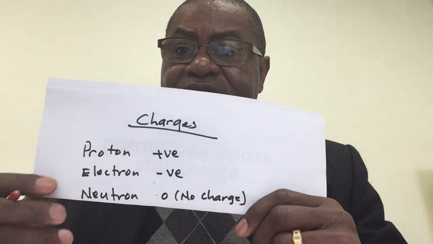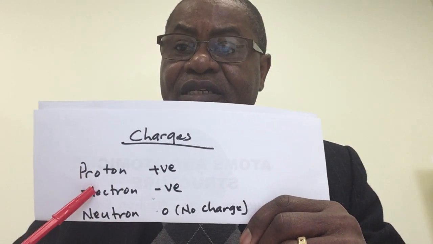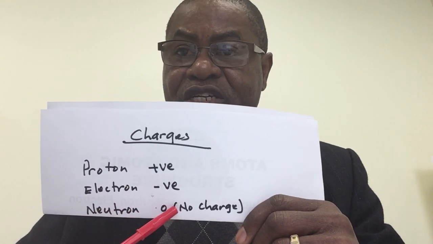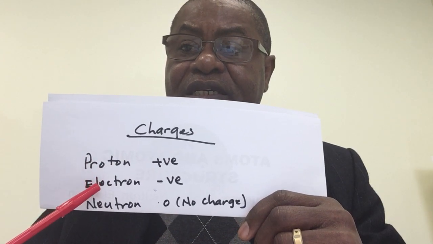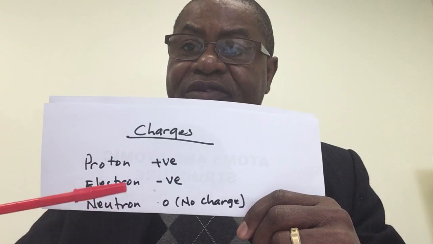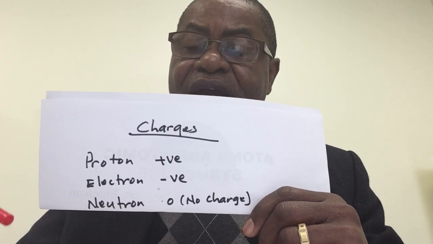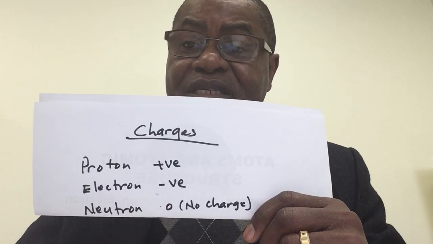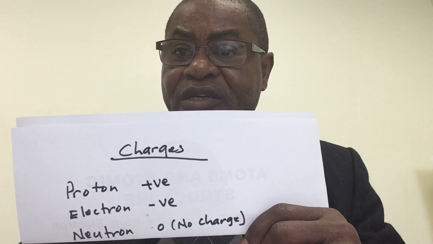If you look at this one here, I earlier mentioned that the proton is positive and the electron is negative, and the neutron has no charge. The proton and the neutron are actually found inside the nucleus, and they account for 99.9% of the mass of the atom itself.